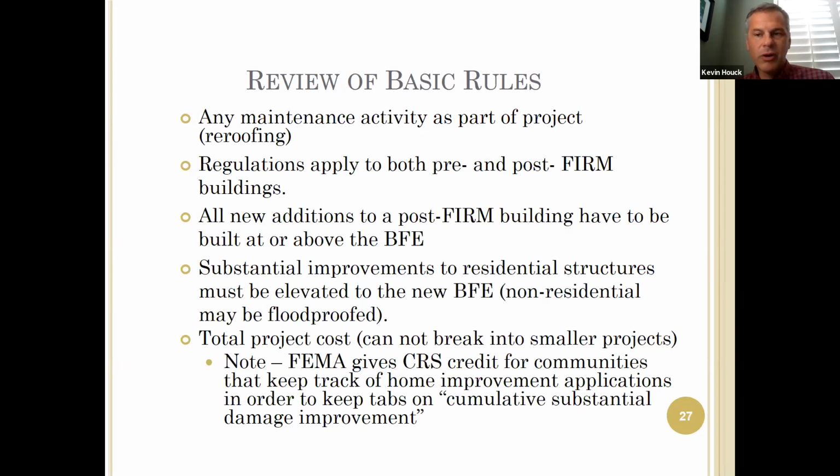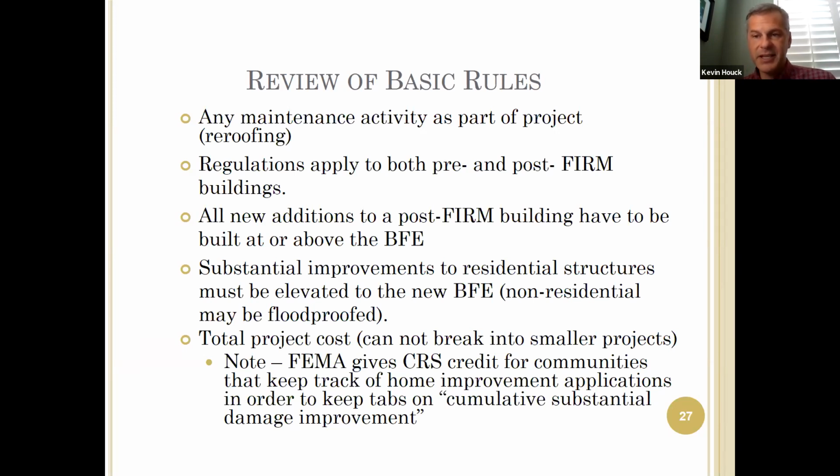But the city, or whatever the local government, does have the option at the local level to say, we are going to track this and employ what we call cumulative substantial damage or substantial improvements. And what that means is we will tie those projects together.